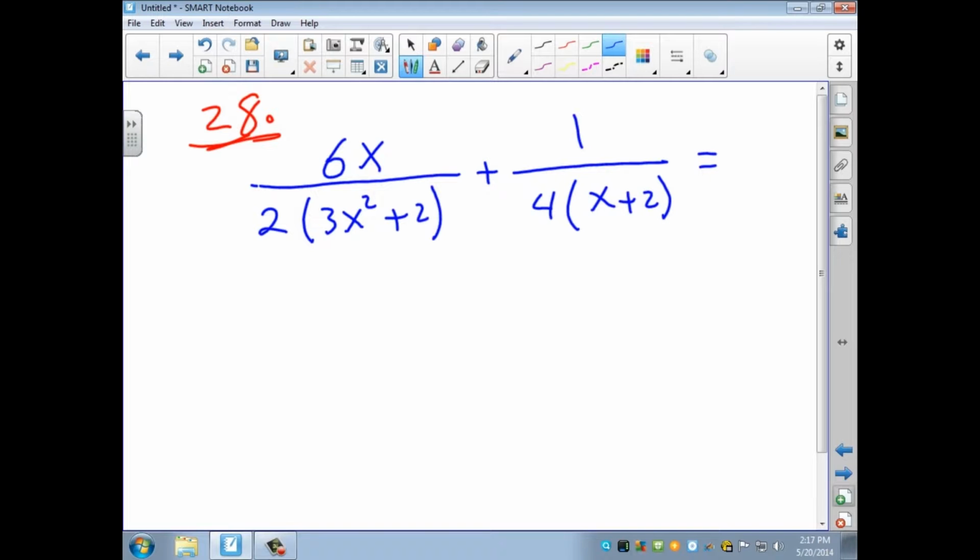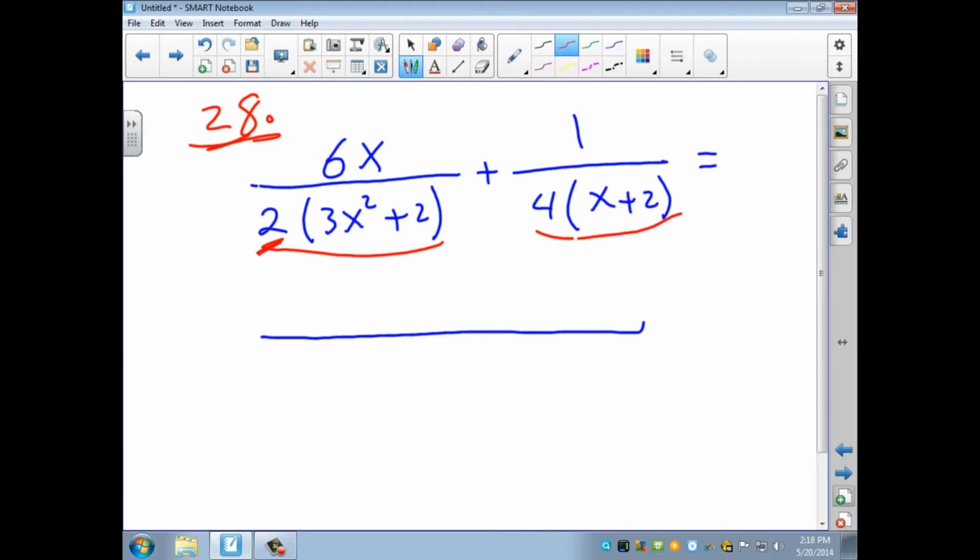Now here you have two rational expressions added to each other. The denominators are different, so you have to take the least common denominator between these two. Between these two denominators, this one and this one.